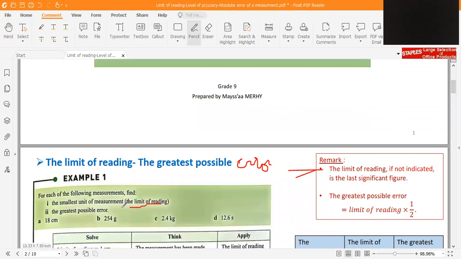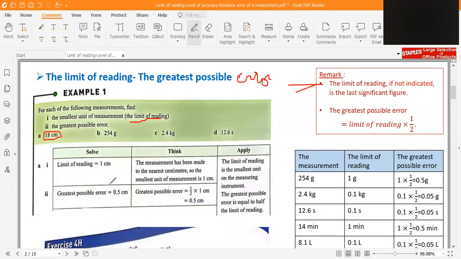So we can define the limit of reading by the smallest unit of measurement of 18 centimeter, for example. We have the first significant figure, the second significant figure. The second significant figure is the last one here, so this digit is the unit digit.